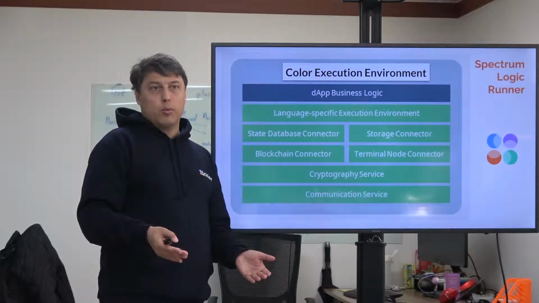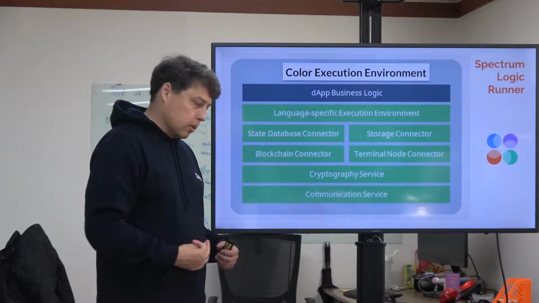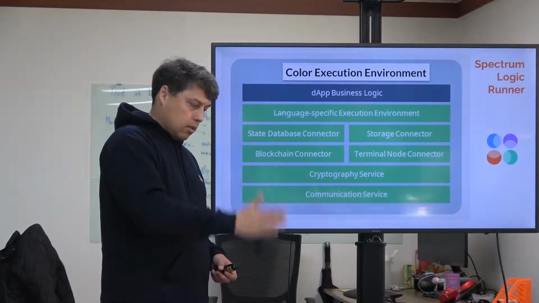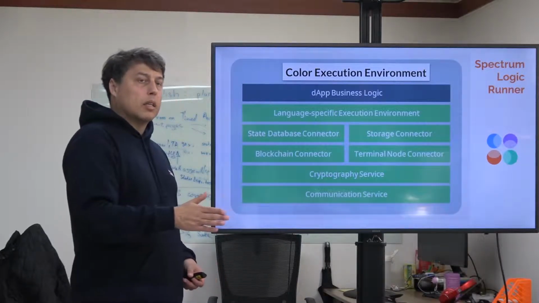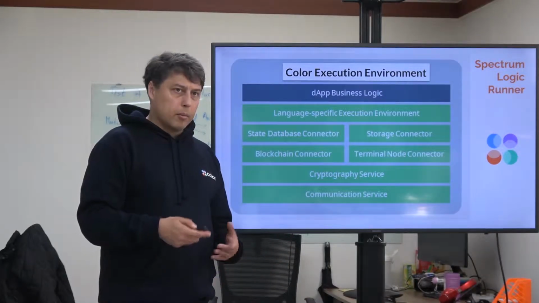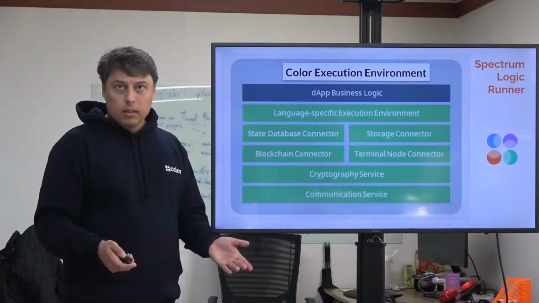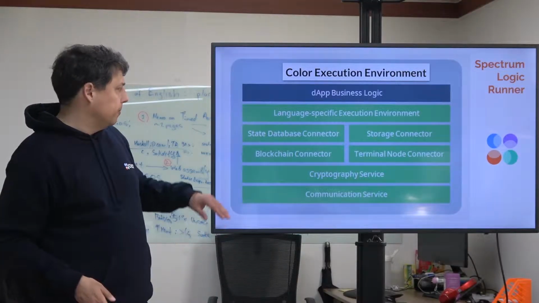Actually, any language could be used in those smart contracts. So this is a great step forward compared to existing solutions, where you are stuck to a specific language, like Solidity, and you cannot use your favorite or familiar environments, like Python, for instance, for coding. On the contrary, this is language agnostic.